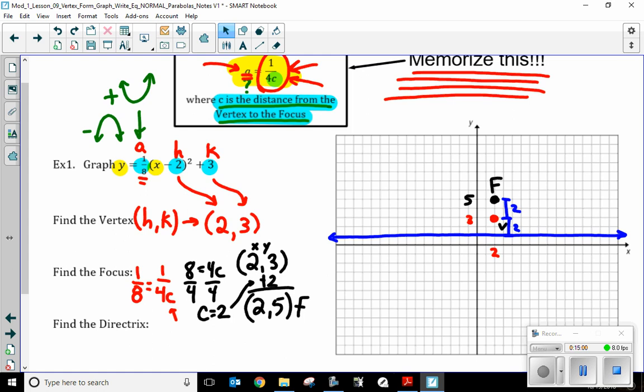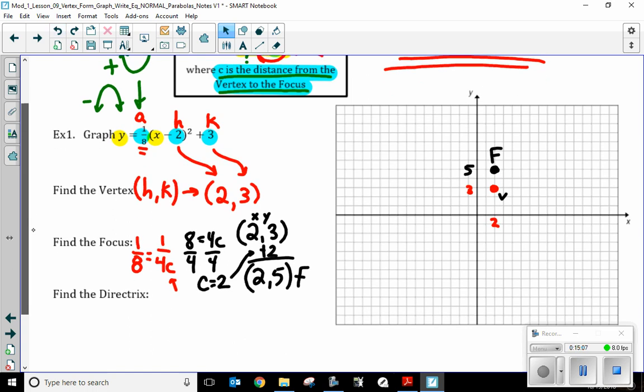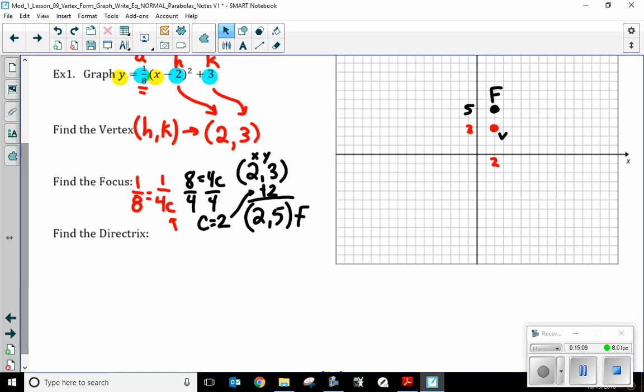But what if I didn't remember that it's the same distance? I can also algebraically find this. Again, my vertex is at 2, 3. If I added 2 to my y value to go up from my vertex to find my focus, okay, let me say this again.